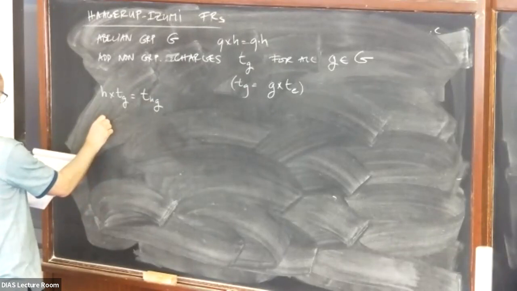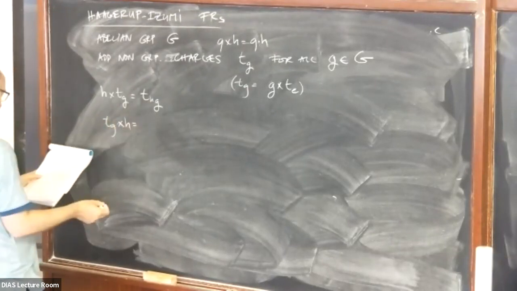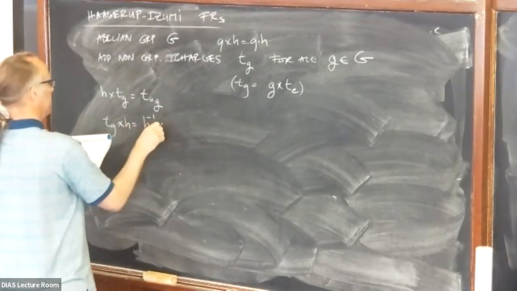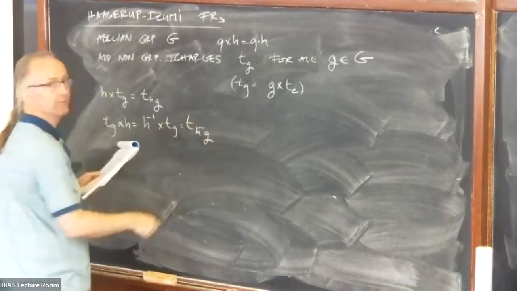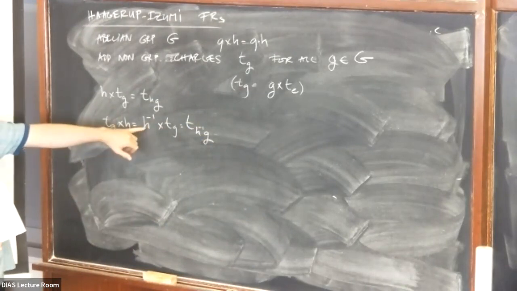But the crucial thing is, of course, the other way, t_g times h equals h inverse t_g. That's where the non-Abelianness comes from. So it only works if the group has elements which are not their own inverse. But that's most groups, of course.